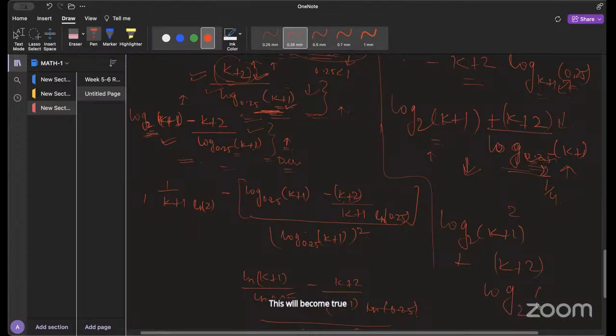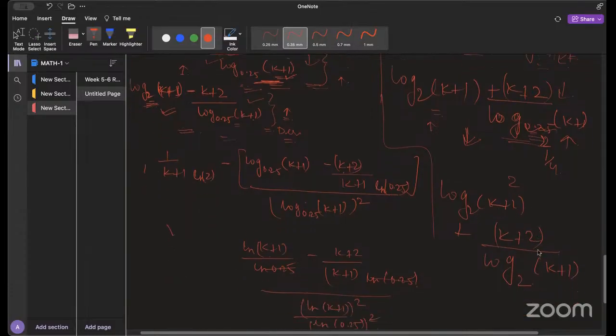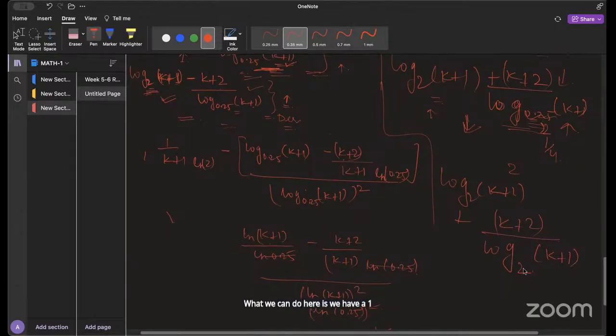And you had a minus 2 power here, so you have 2 to the power minus 2. What we can do here is we have a 1/4 here, right? We can do 1 here.